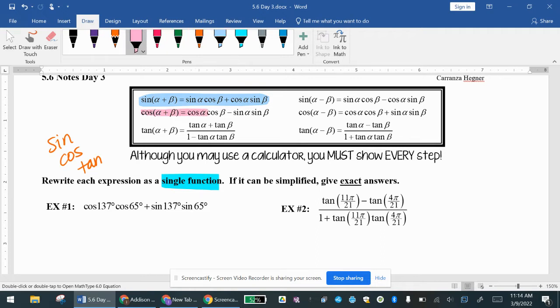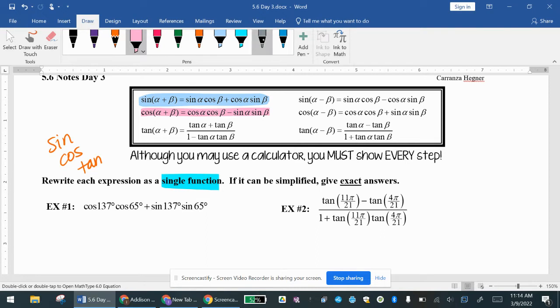whereas the cosine multiplies the cosine of both angles and then the sign changes. So for example, if it's addition, it has cosine of both angles and then minus sine of both angles.